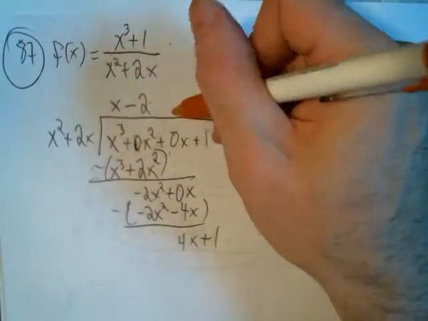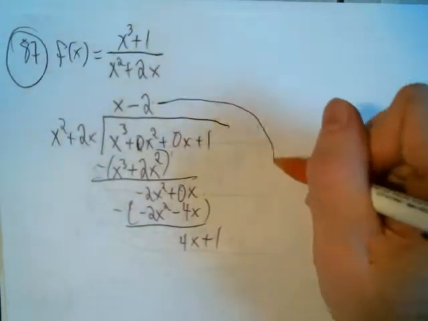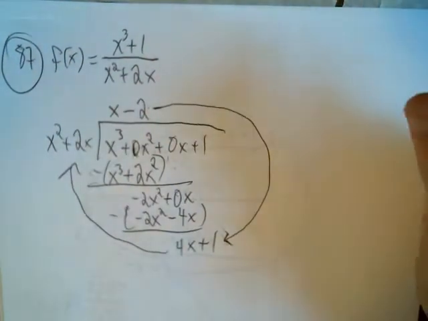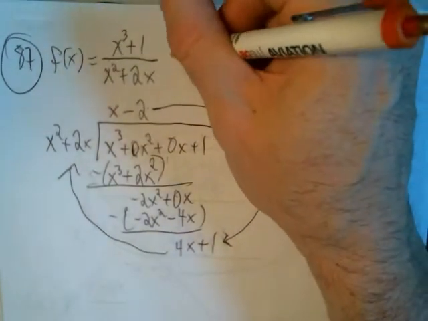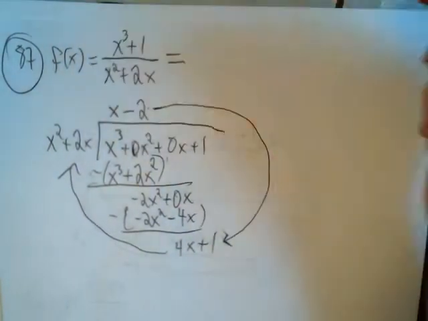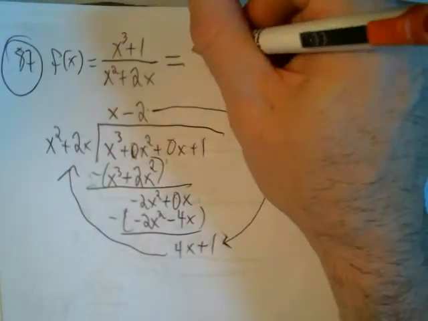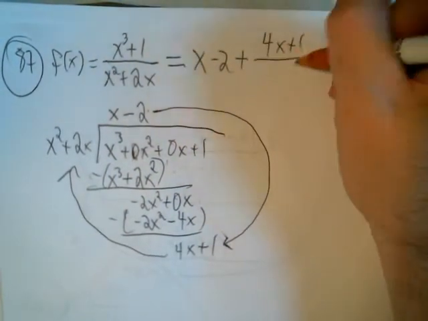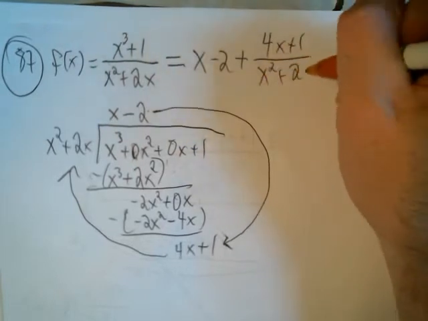Okay, so anyways, your end answer is going to be this. So this will equal x minus 2 plus 4x plus 1 all over x squared plus 2x.